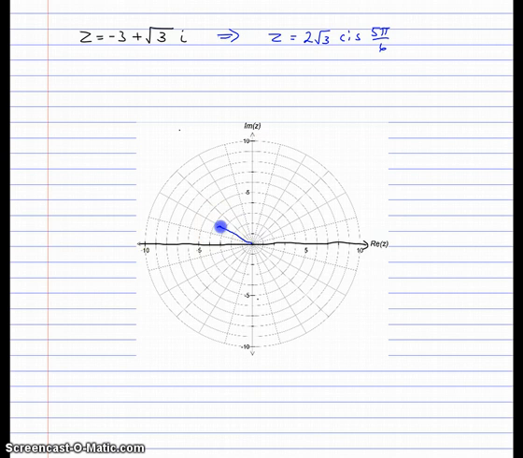Alright, so that's our distance there, and our angle there of 5 pi on 6, and our distance of 2 root 3. So that's it marked on the polar grid that we have.